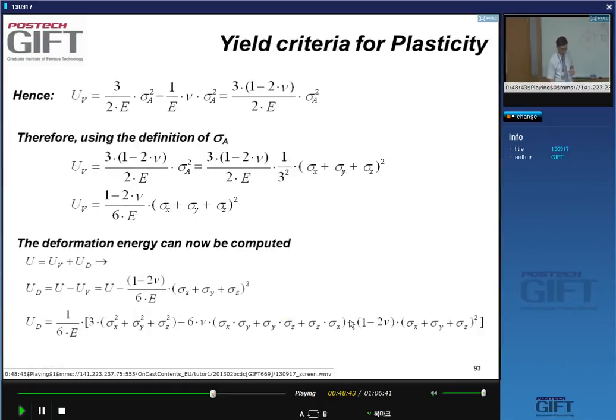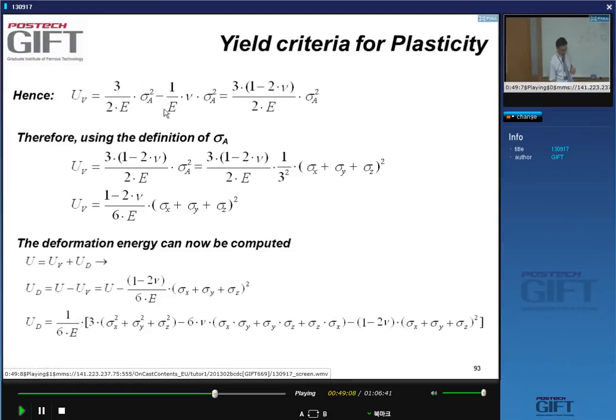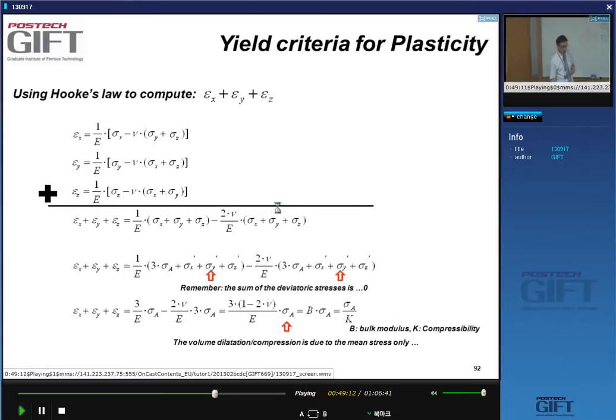Okay, so we basically know what the energy is that we need to change the volume. I basically need to have this equation here, multiply it with sigma a, the stress, and divide by 2.